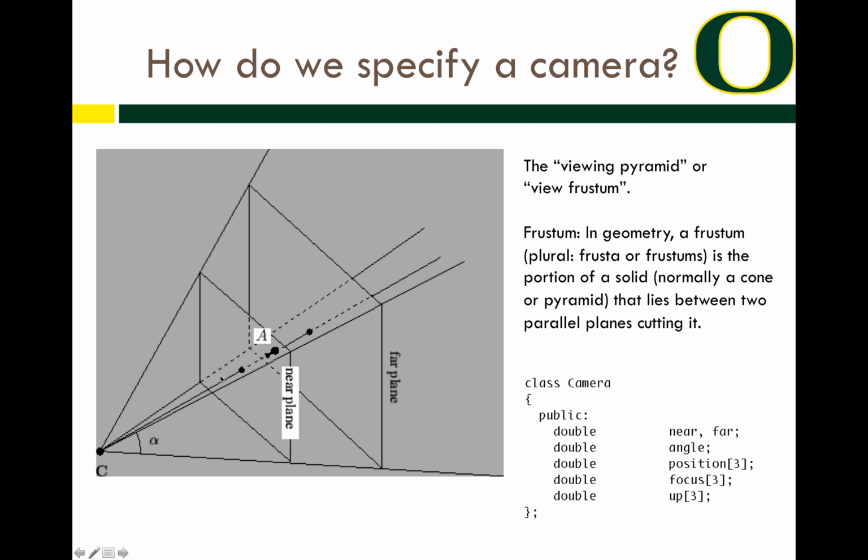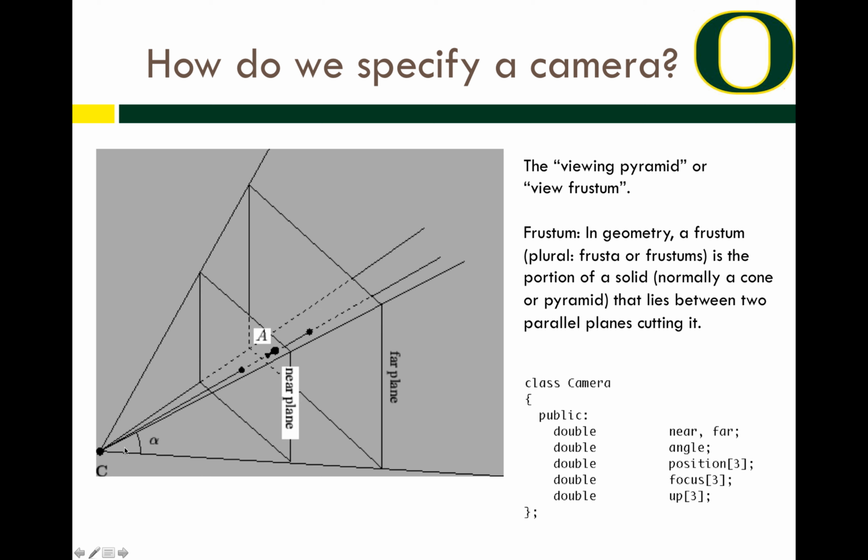If you go off axis, if you follow this edge up here, the distance is longer, but the near data member describes the distance to the closest point on this plane, and the far data member describes the distance from the camera to the closest point on the far plane. The position is the position of the camera, and the focus is the focal point, A, right there. And then up is something I'll describe in a few slides.